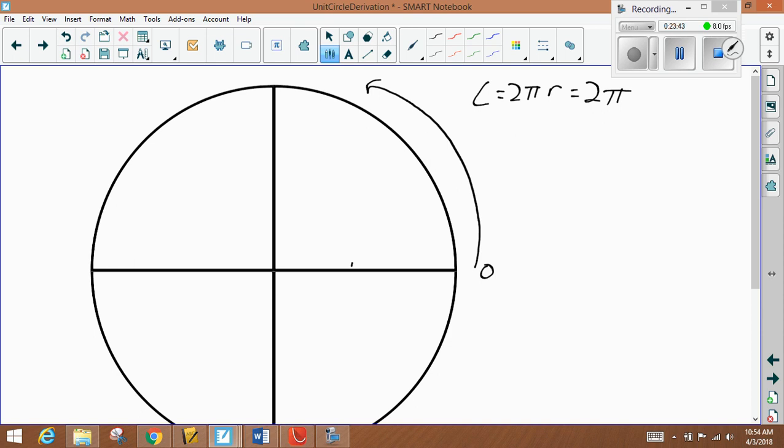It's a unit circle, radius is 1. So the circumference is 2 pi. So if I go all the way around this thing, start at 0, go all the way around, I come back to 2 pi, right? So one full rotation is 2 pi.